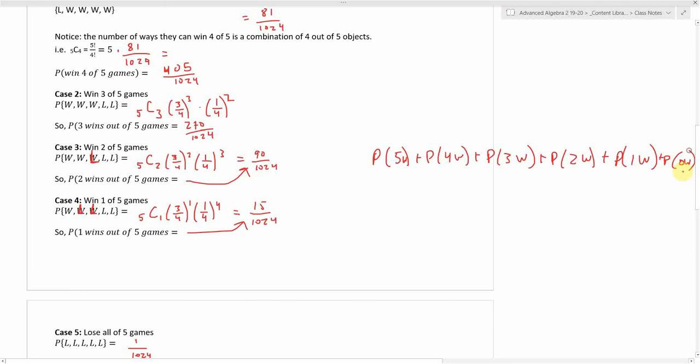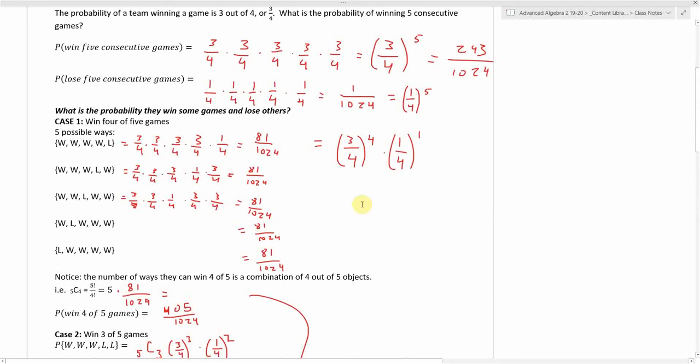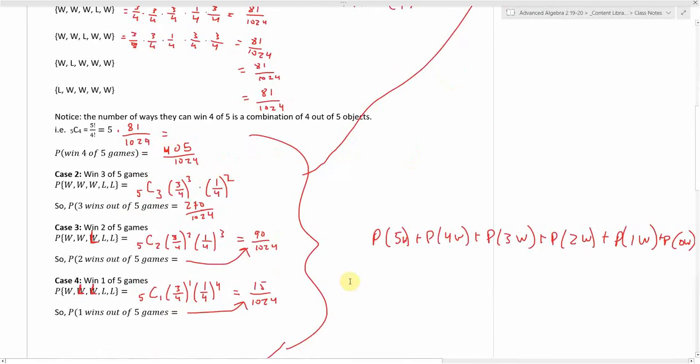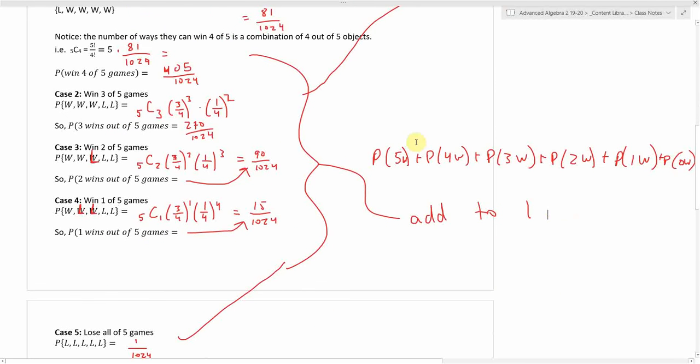So if we took all of these probabilities plus this one and plus this one that we had up here at the top that we started with, all of those probabilities would have to add to 1. And they do. If you take the time and add them up, but I don't want to waste your time. They do add up to 1 because they have to do one of those 6 things.